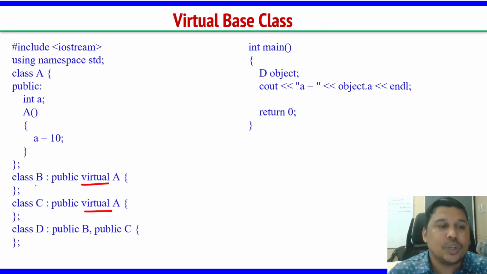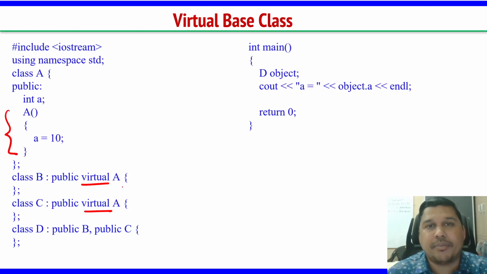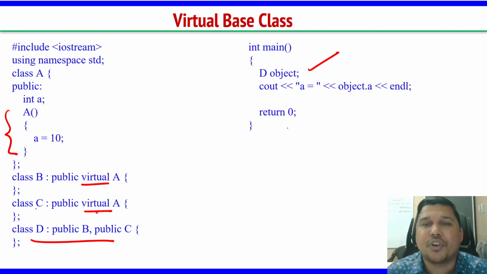See here, in class A, public, I'm having a constructor. Class B public virtual A, class C public virtual A. We are using the keyword virtual. This is called virtual base class. Class D is normally derived from B and C. So I'm creating an object for D and I'm calling object.A.